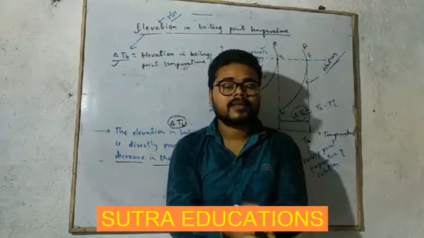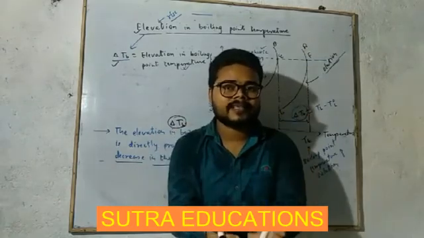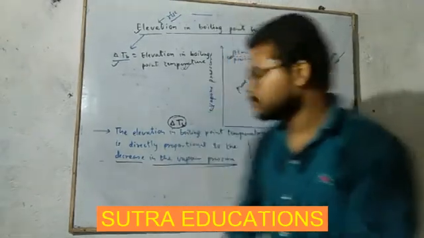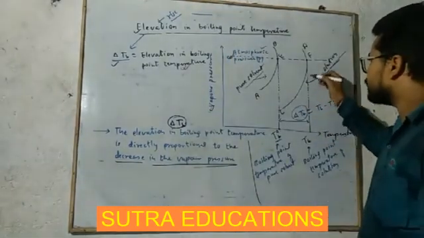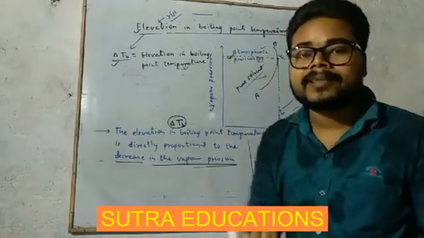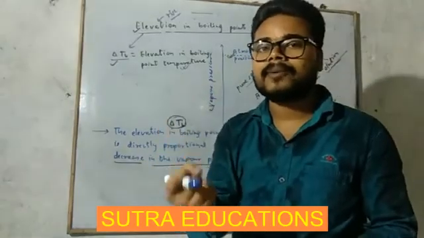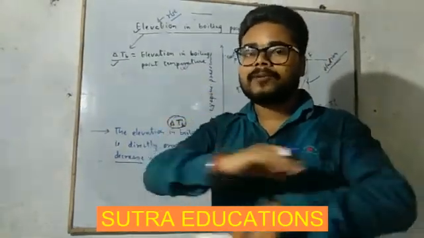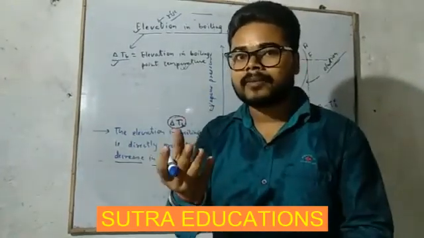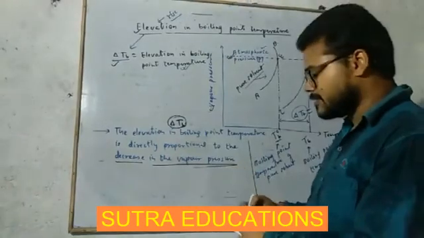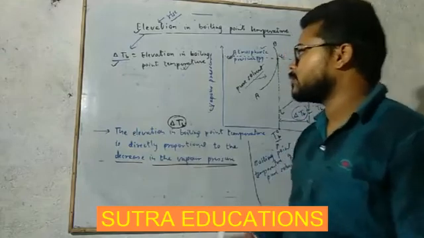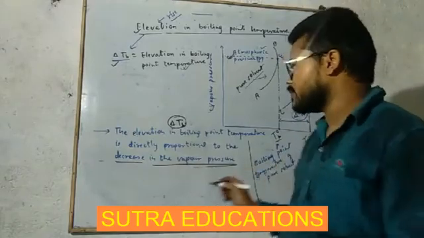The amount of vapor decreased due to the addition of non-volatile solute means we have to heat the solution, provide more and more temperature, so that more vapor pressure will form. So we can say the elevation in boiling point temperature delta Tb is directly proportional to the decrease in the vapor pressure.